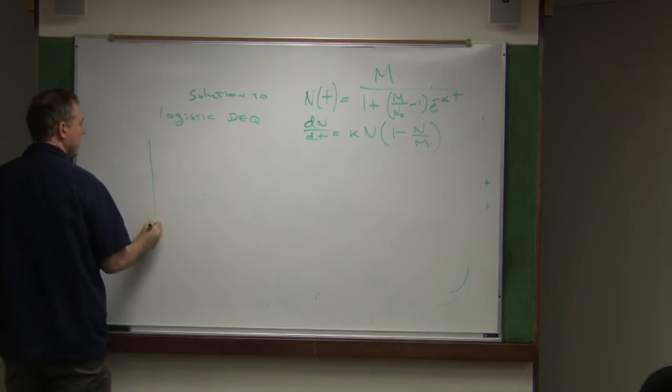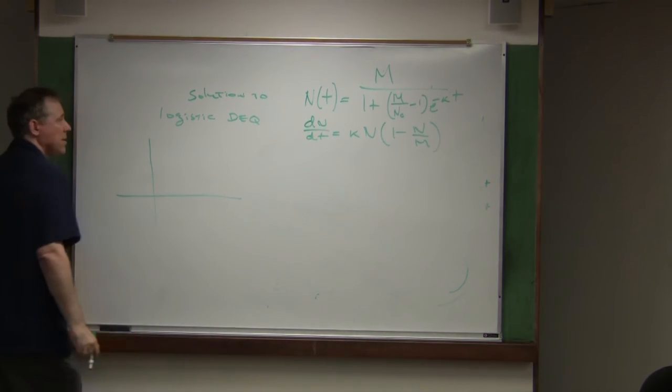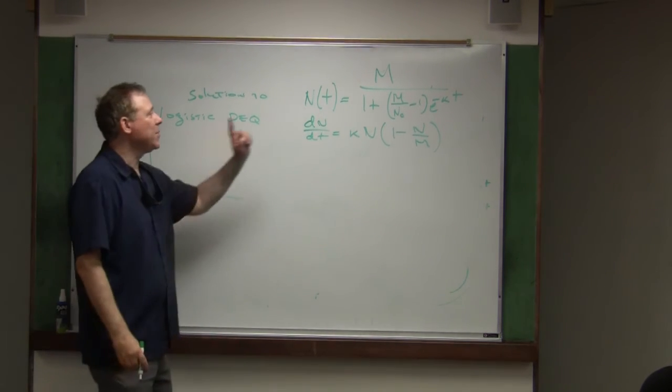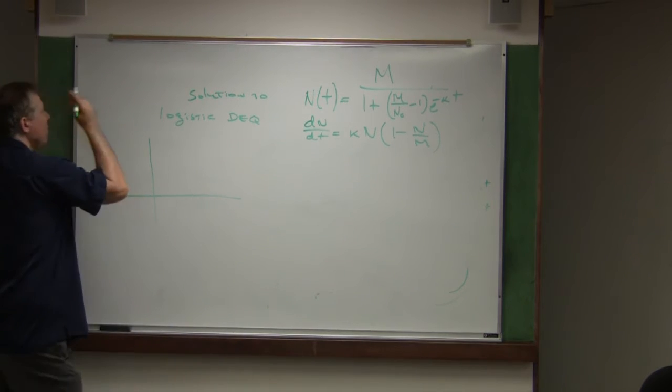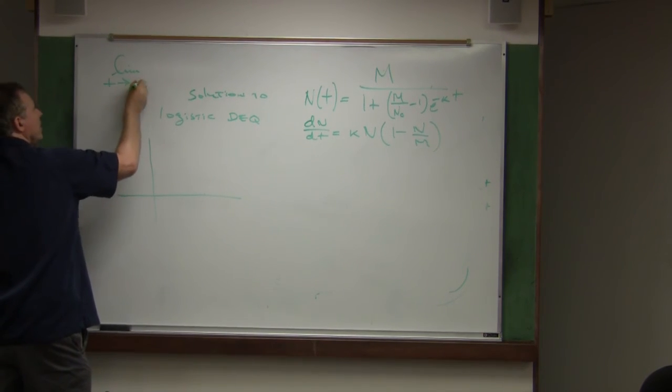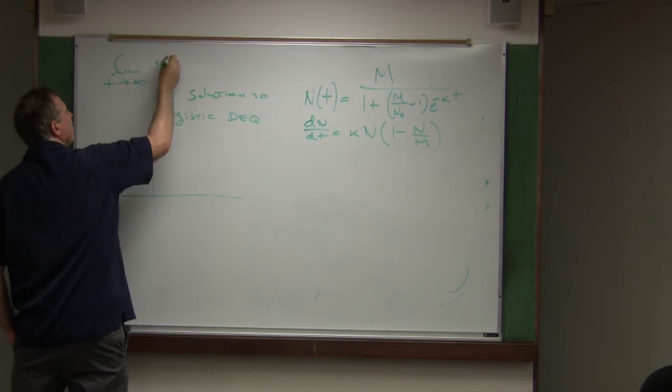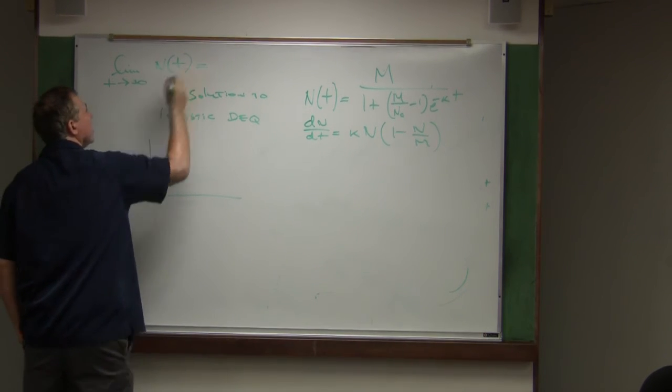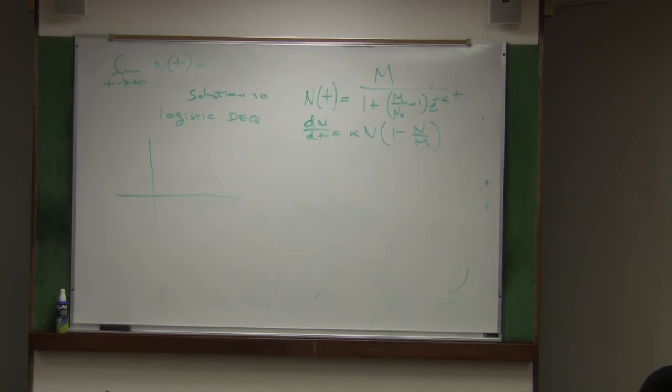Well, what happens when t goes to infinity? In other words, what's the limit as t goes to infinity of N(t)? It converges. To what? As t gets big, what happens to e to the minus kt?